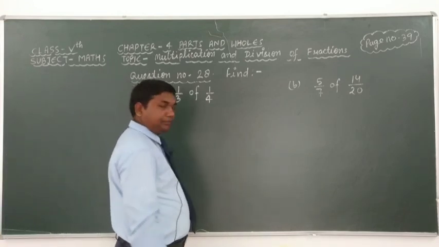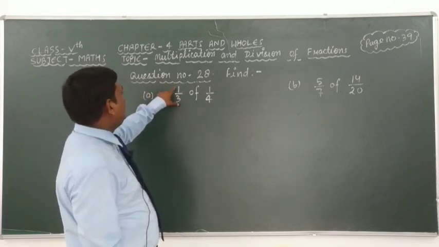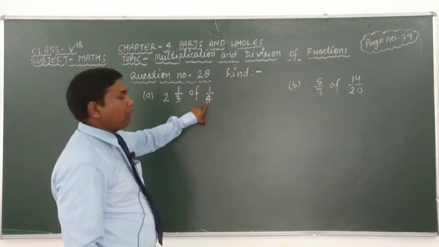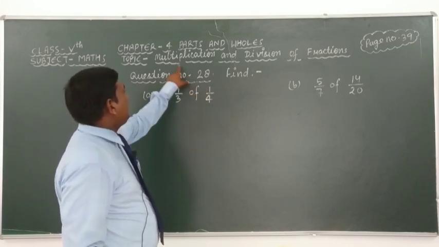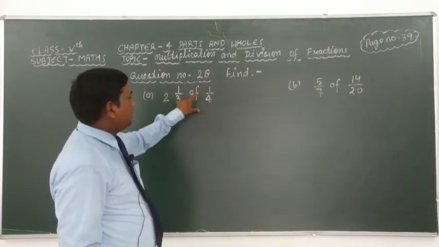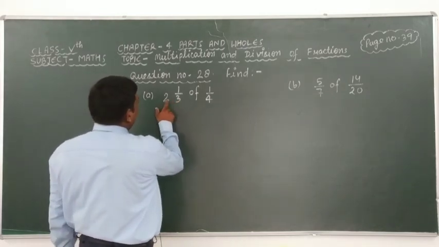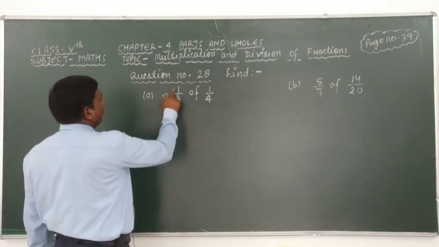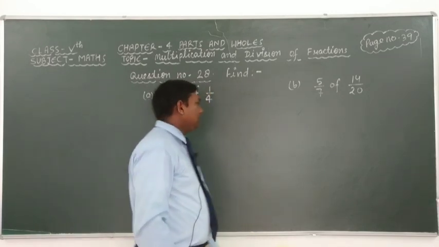In this question, it is given that 2 whole 1 over 3 of 1 by 4. It means that in this question we have to take the multiplication of 2 whole 1 over 3 by 1 by 4.